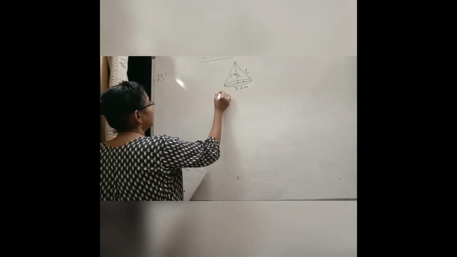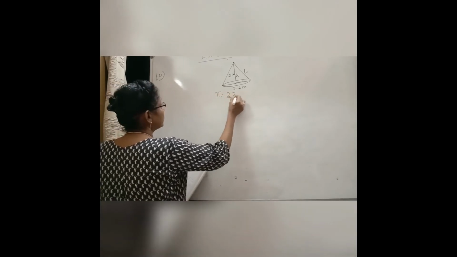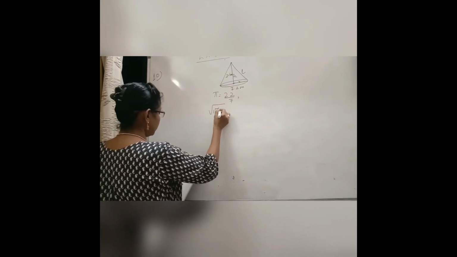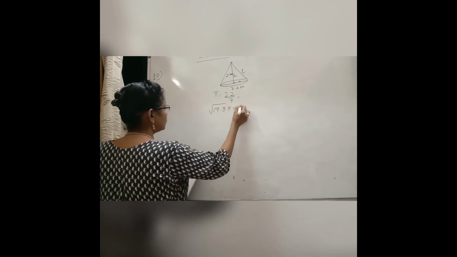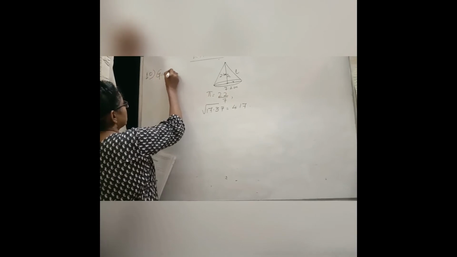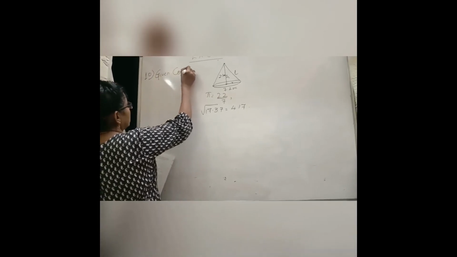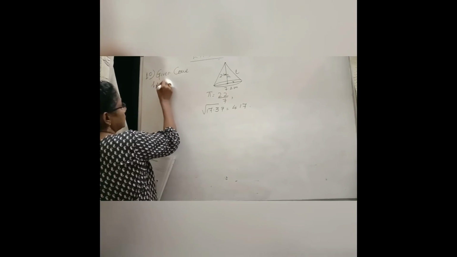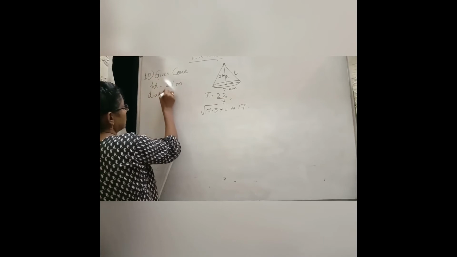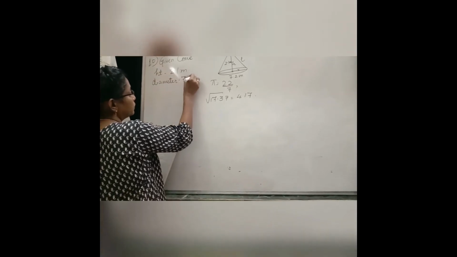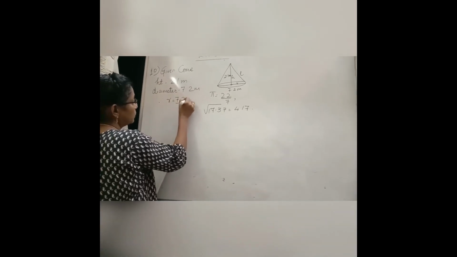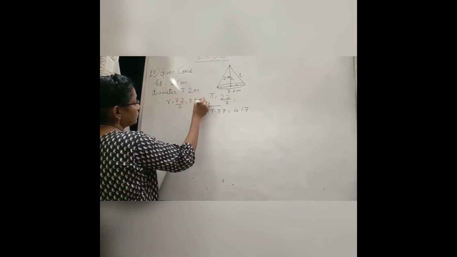Pi is given as 22 by 7 and root of 17.37 is equal to 4.17. So given is cone height is 2.1 meter, diameter is 7.2 meter, therefore radius is equal to 7.2 upon 2 is equal to 3.6 meter.